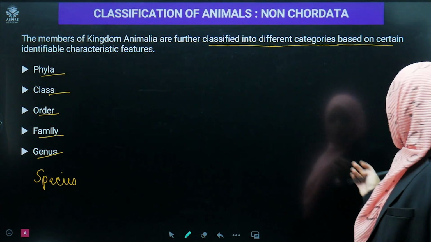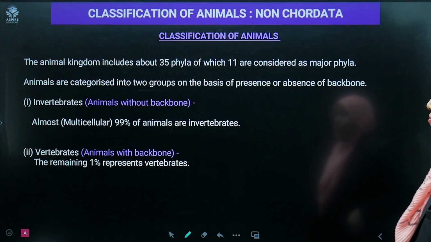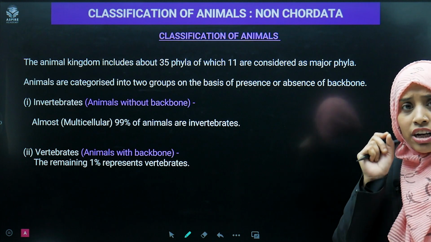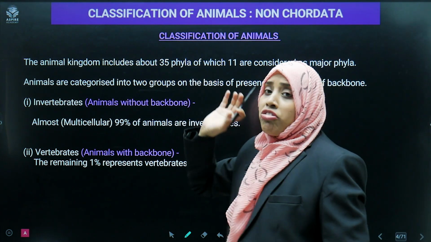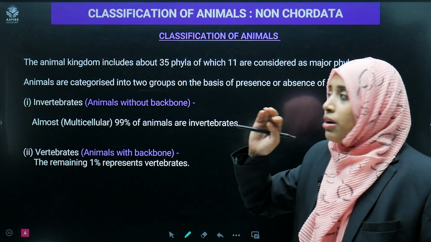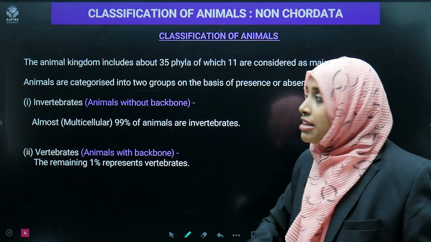Classification of animals. The animal kingdom includes a total number of phyla. First we have seen the classification categories: phylum, class, order, family, genus, then species.